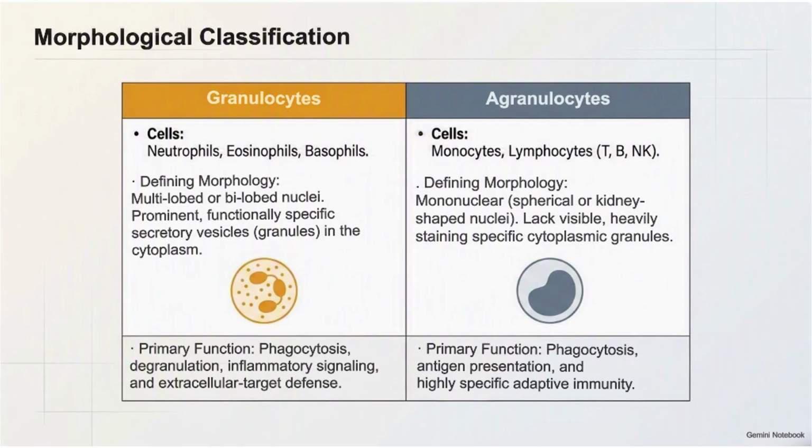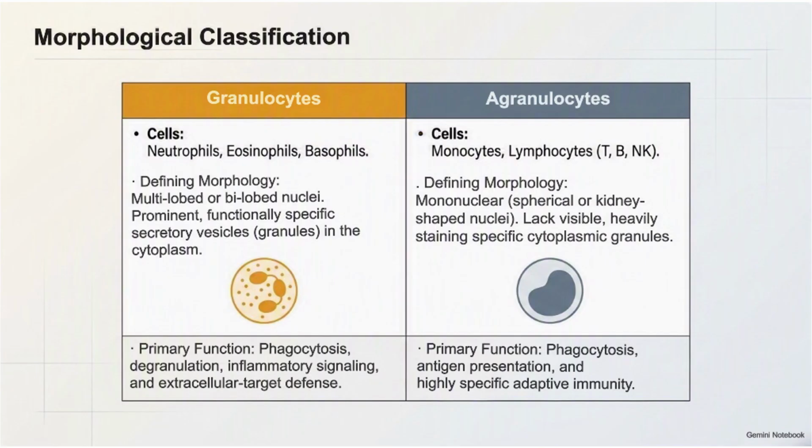If you've ever looked at a stained blood smear, you've probably noticed that white blood cells don't all look alike. One of the traditional ways we classify them is based largely on their morphology, particularly the appearance of the cytoplasm and the nucleus.